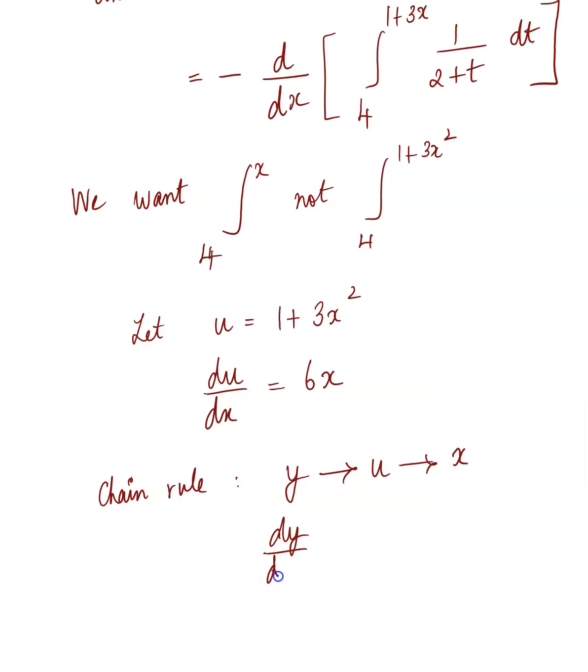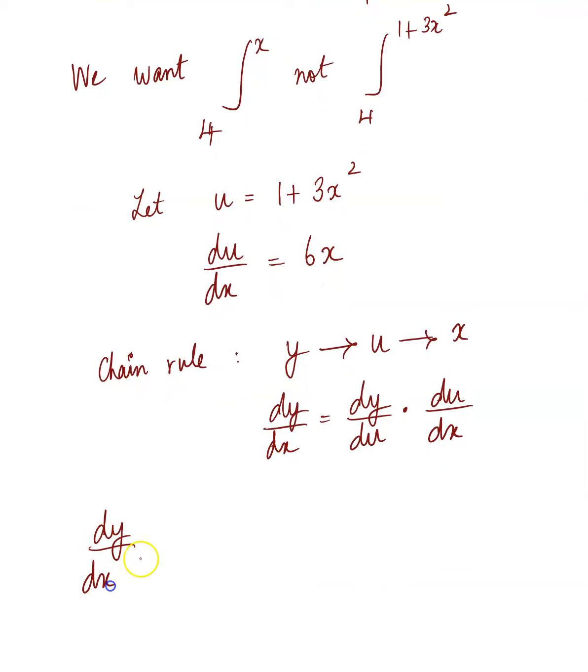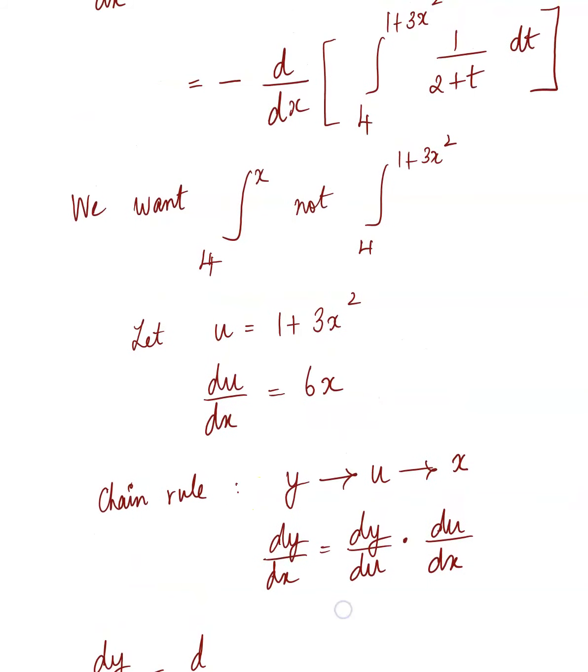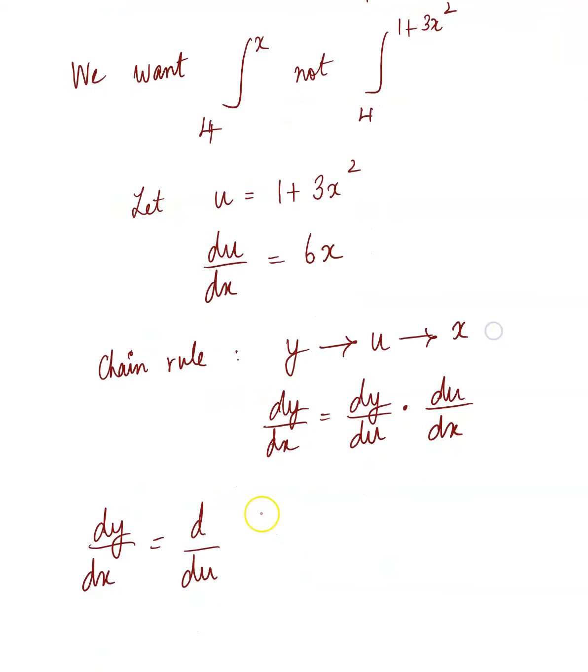So we go from y to x through the u. So dy over dx will be dy over du times du over dx. So dy over dx will be d over du of this y. And y is the integral from 4 to 1 plus 3x squared, but 1 plus 3x squared will now be u. So we're going to go from 4 to u of 1 over 2 plus t dt, times du over dx.